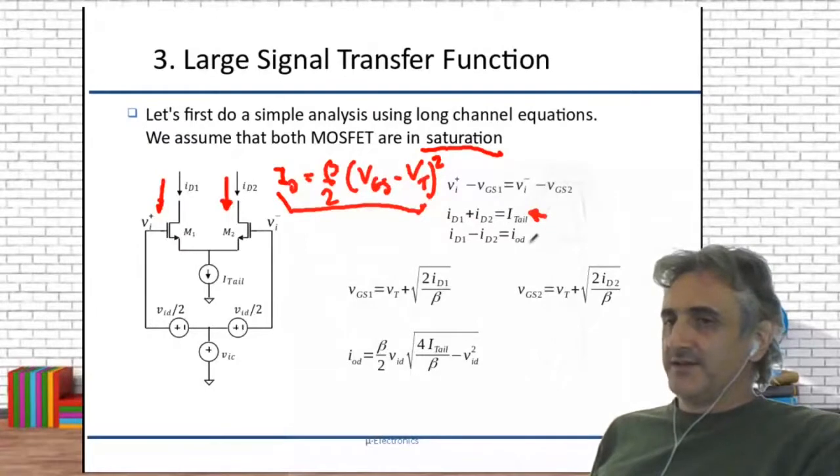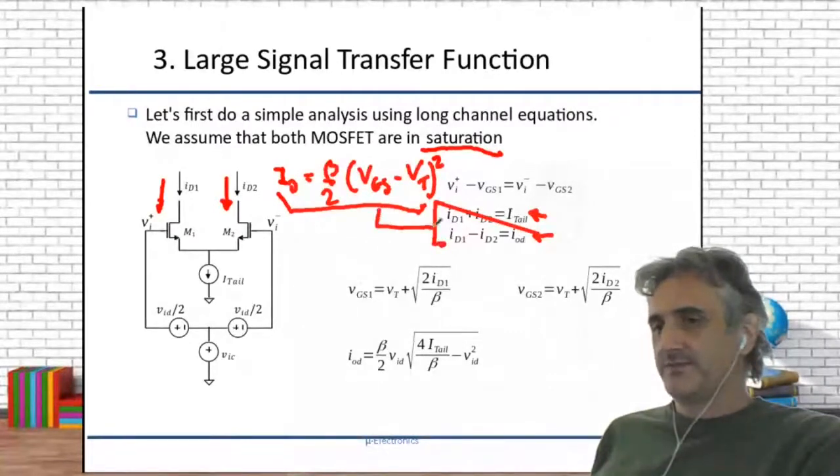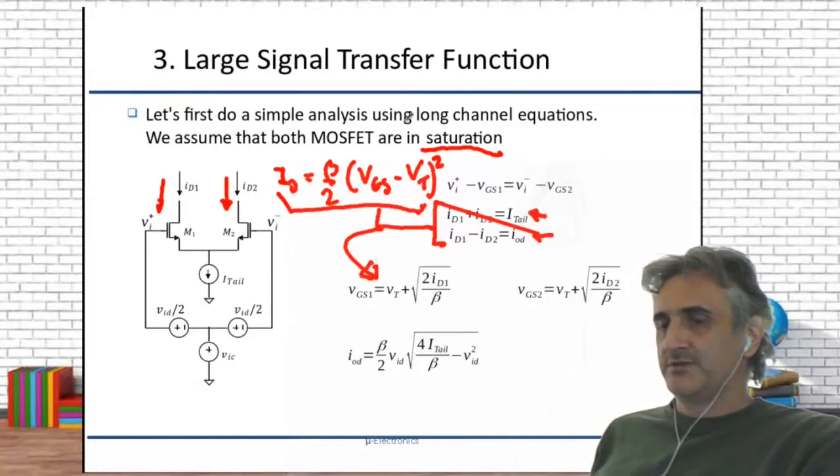And the differential current, we define it just as the difference between the two signals. Okay? That's easy. Then, using these three definitions, these three equations, we get this equation.